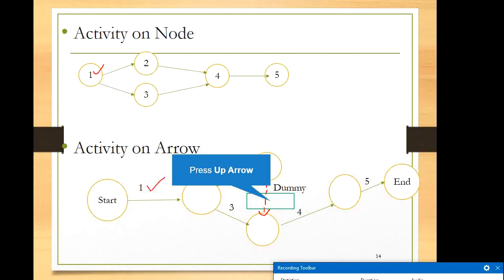Activity 1 is starting, then activities 2 and 3, then 4. Activity 4 commences only when both 2 and 3 are completed. So we do not leave these ends anywhere, we just take a dummy to connect these two.